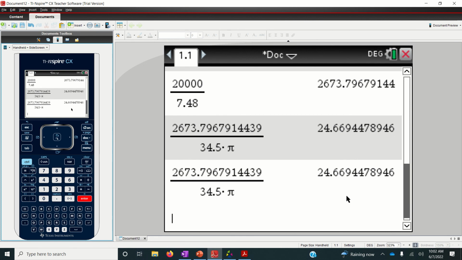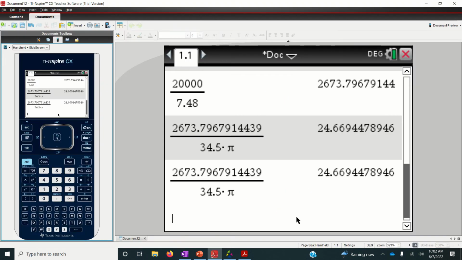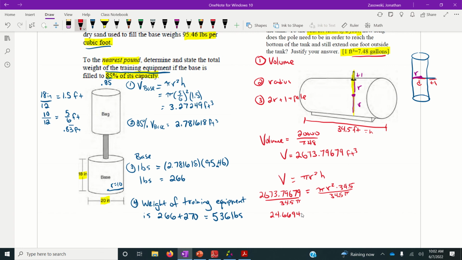Okay, so it's 24.669, we'll say 45. I'm going to move that r squared down. So we get 24.669 is equal to r squared. We're going to square root this. Notice we haven't rounded yet.